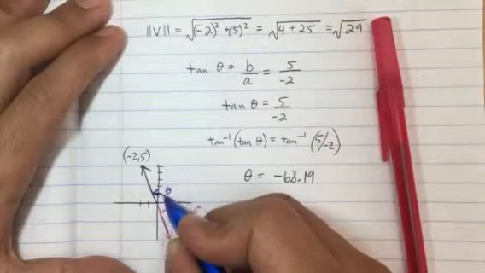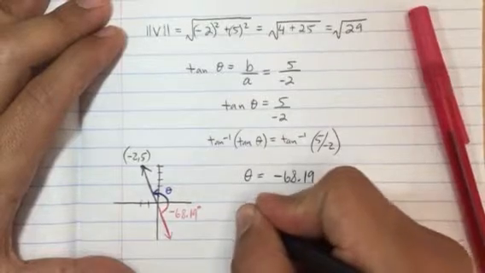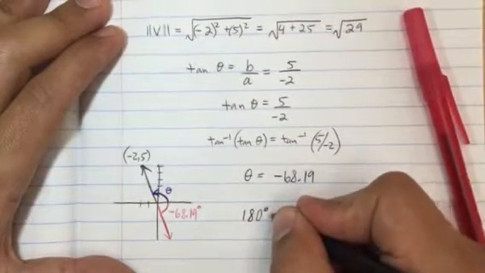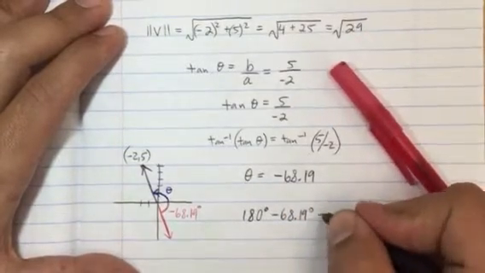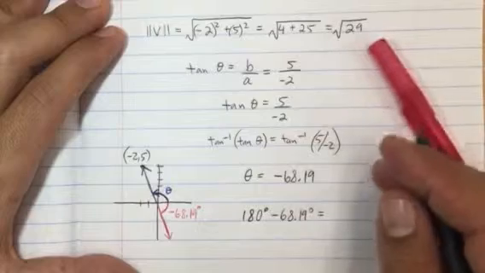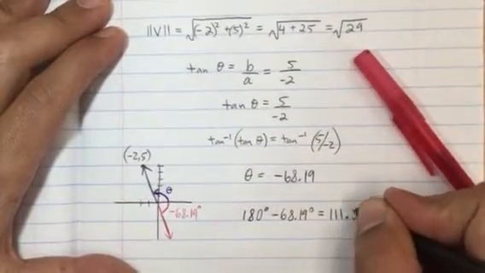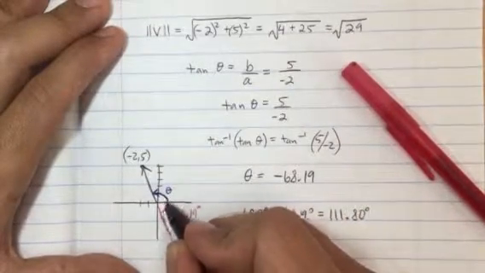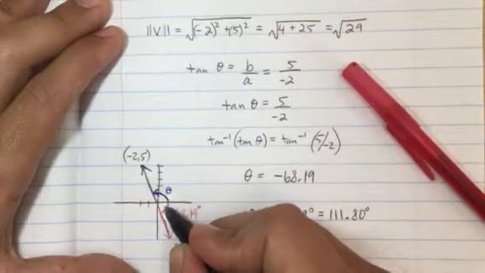So 180 minus 68.19 equals 111.80. It goes back to the idea of geometry: you have a straight angle, or a supplementary angle.